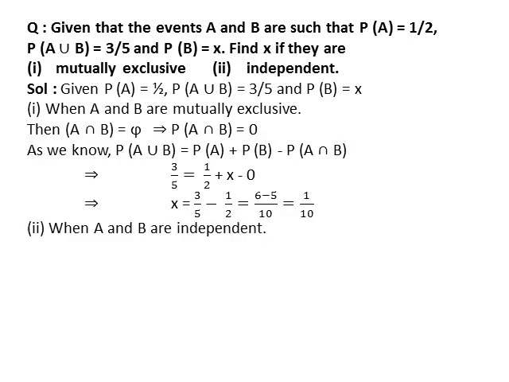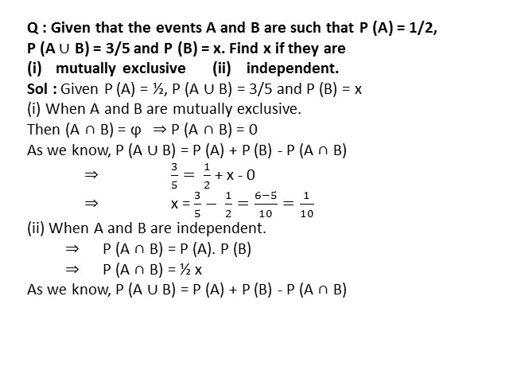Second part, when A and B are independent, it means P(A intersection B) equals P(A) multiplied with P(B). It implies P(A intersection B) equals 1/2 multiplied with x equals x/2. Now, P(A union B) equals P(A) plus P(B) minus P(A intersection B).